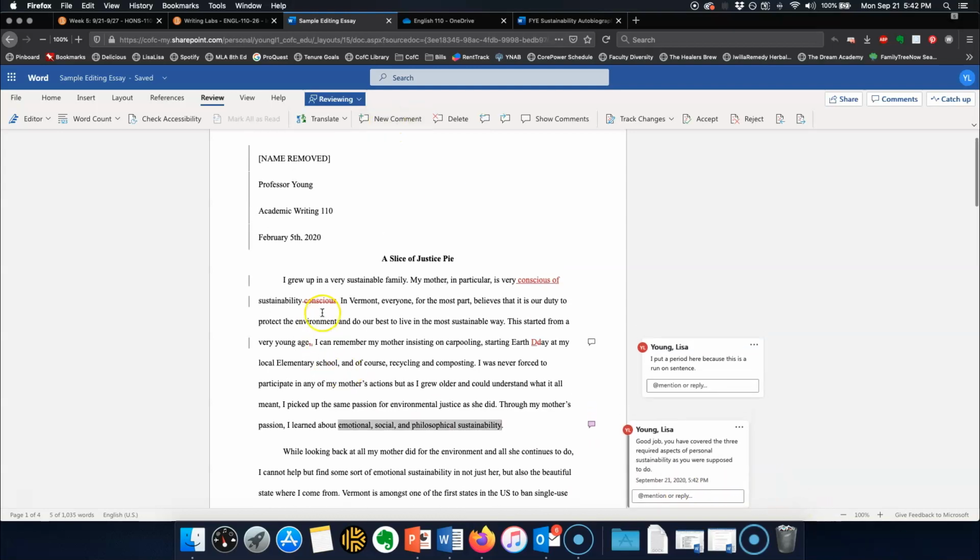All right, so again, whenever you're reviewing your partner's essay in Microsoft Word Online, make sure that you go to the top at Review, turn on track changes for everyone, and then any changes that you make will come up.